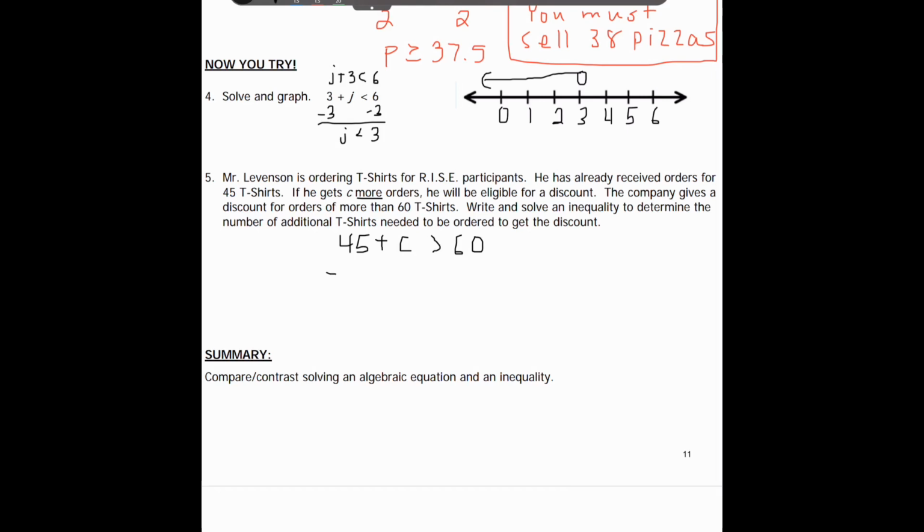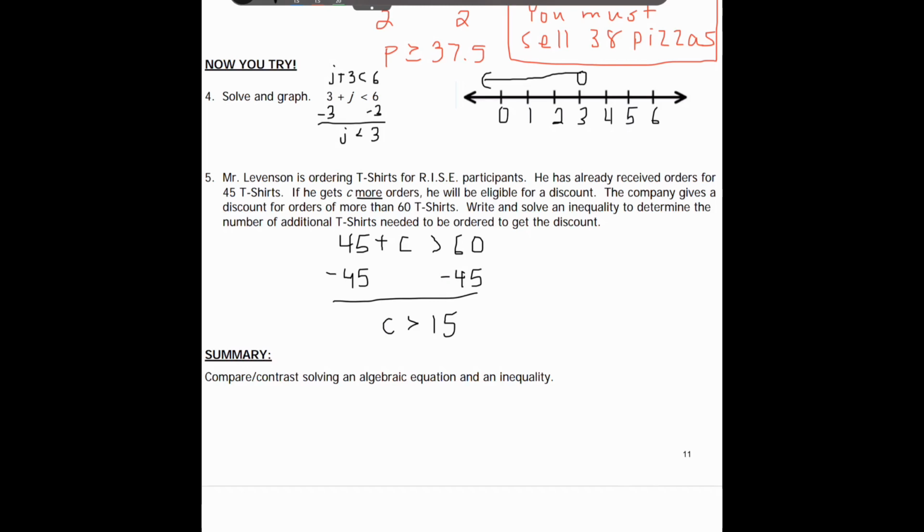Now let's solve this inequality. We're going to subtract 45 from both sides. And c is greater than 15. Which means Mr. Levinson must order more than 15 more orders of t-shirts in order to get that discount.